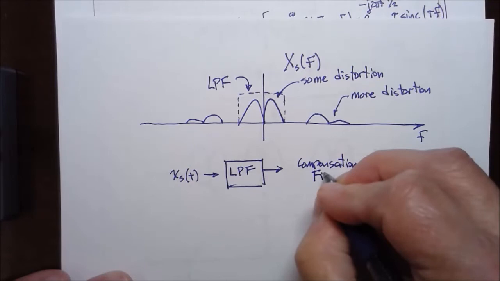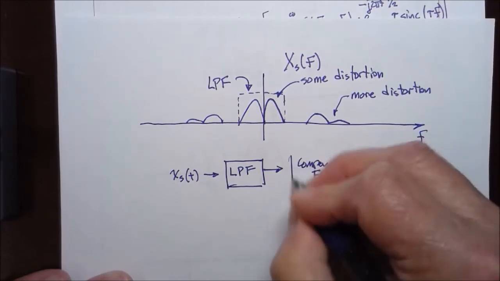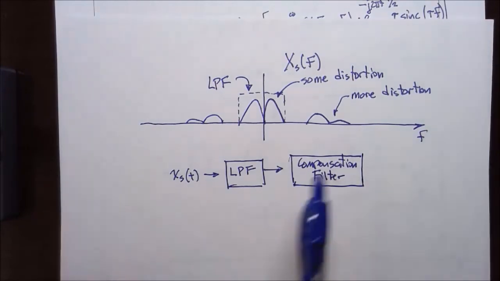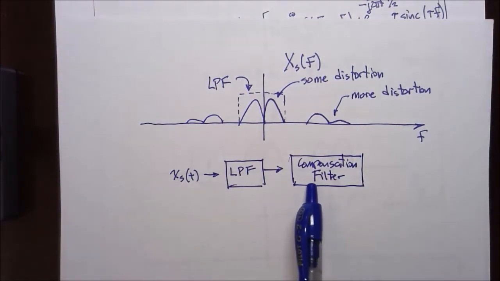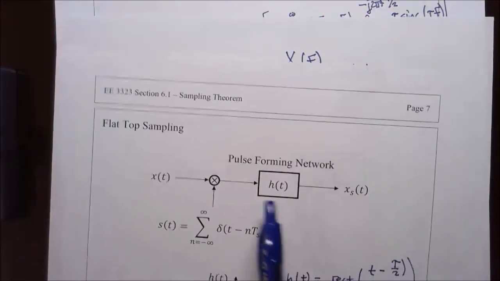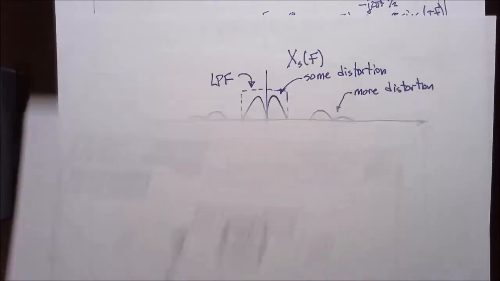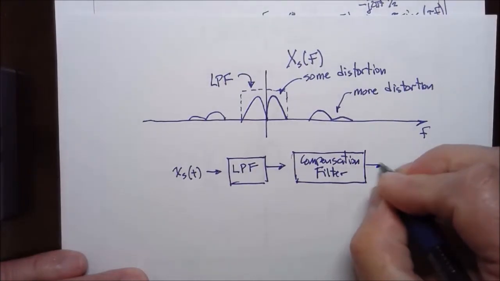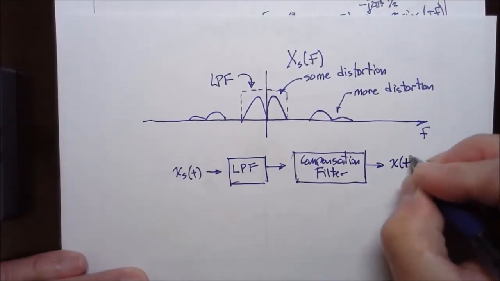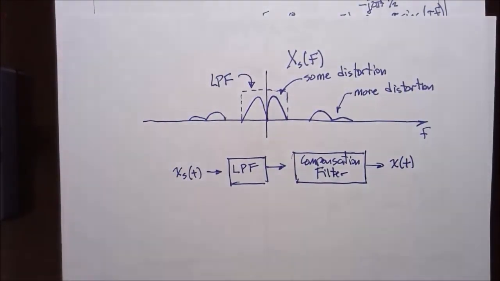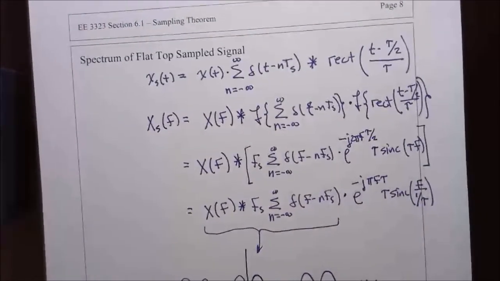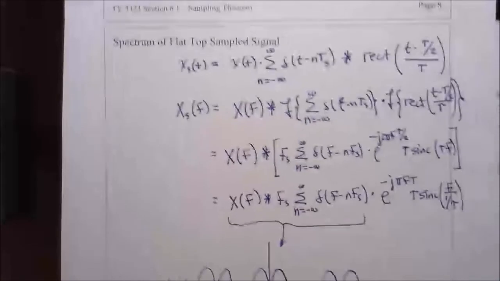Conceivably we could match the compensation filter closely to the characteristics of this pulse forming network, and cancel the effects and retrieve the original signal back again. Okay, so this is the result with flat top sampling.